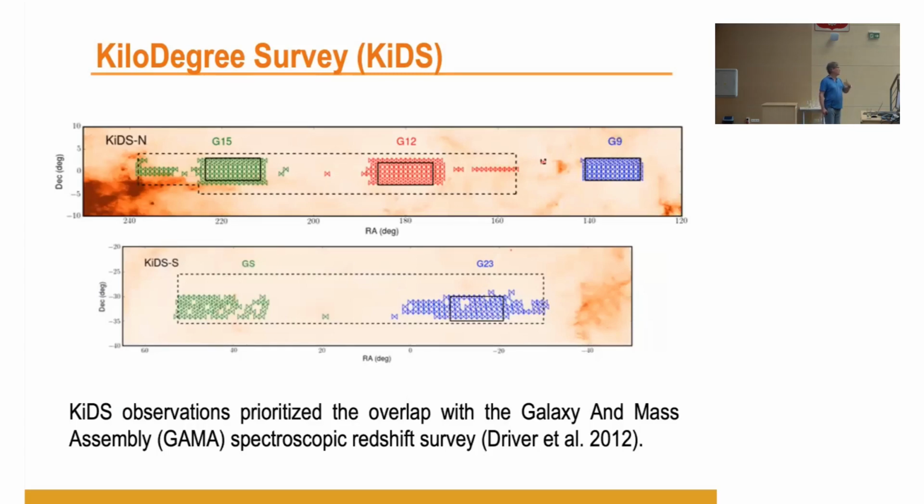That allowed us, for instance, to study the relations between galaxy mass and halo mass using spectroscopic redshifts. We also have information about groups, so we're still working on using that information to improve models of baryon feedback. It's basically targeting areas with interesting additional data, and it's proven very useful. So this is the early data.